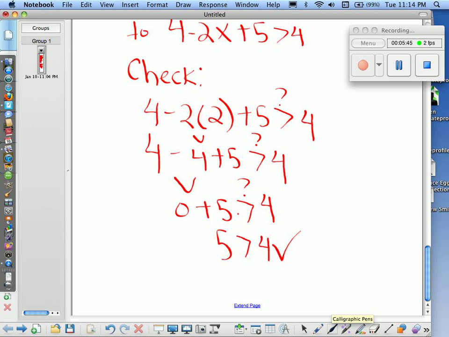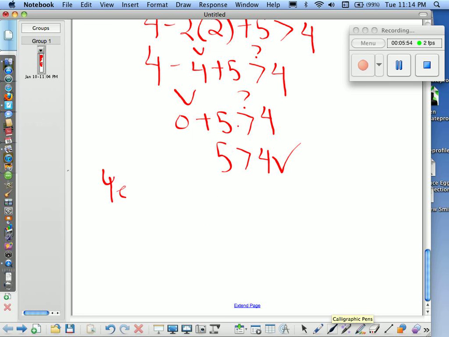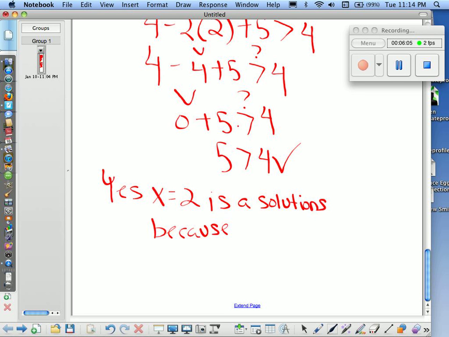Our left side satisfies that inequality, so x equals 2 is a solution. Okay, 5 is more than 4, so x equals 2 is a solution.